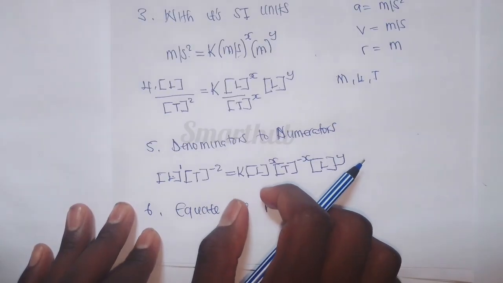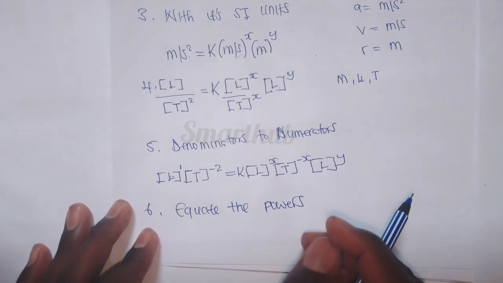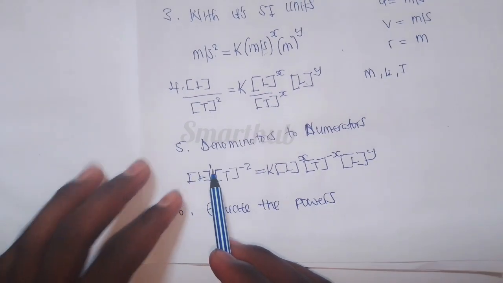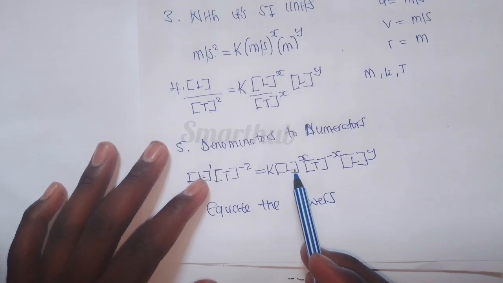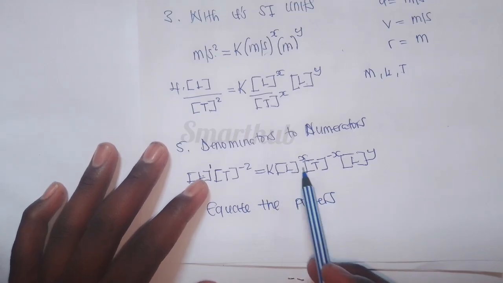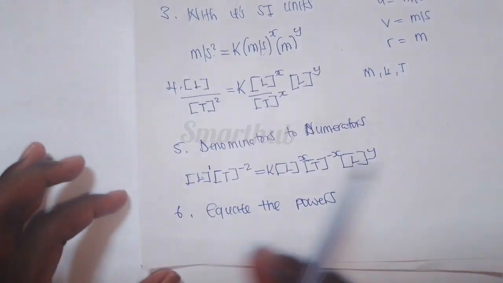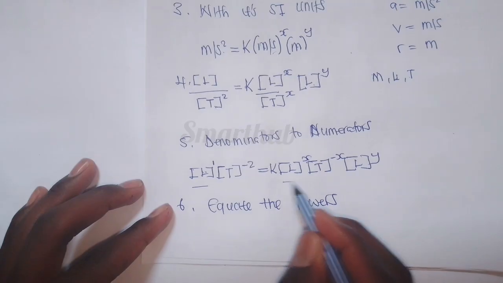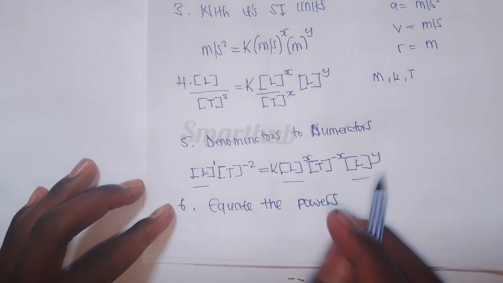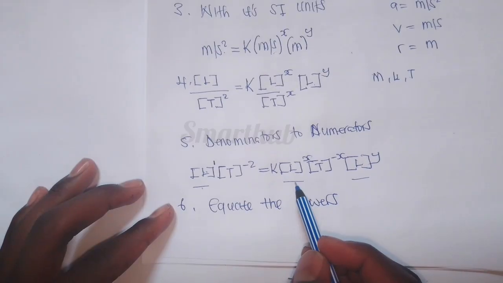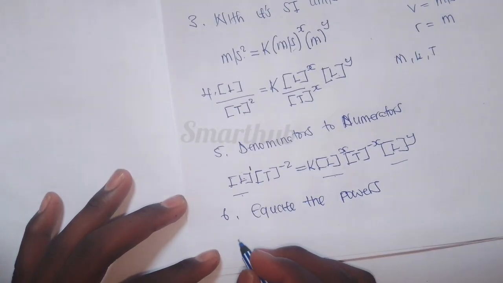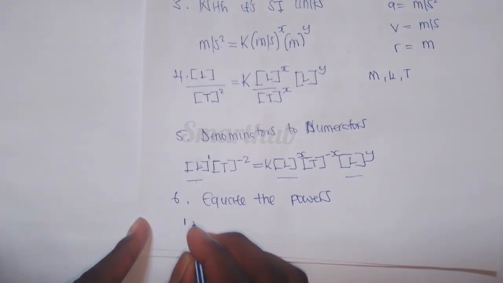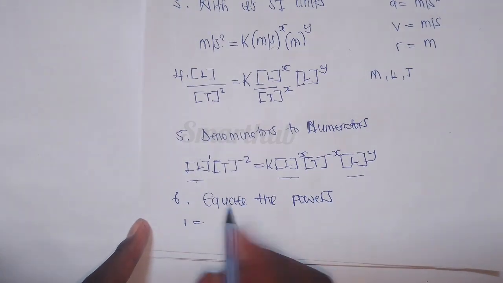Okay, so we have 1 is equal to, so we're going to start with L's. Okay, so here we have L, length. So we have 3 lengths. We are going to equate the powers of lengths. So we have first 1 here to the left side of the equal sign is equal to, we also have this L, x.